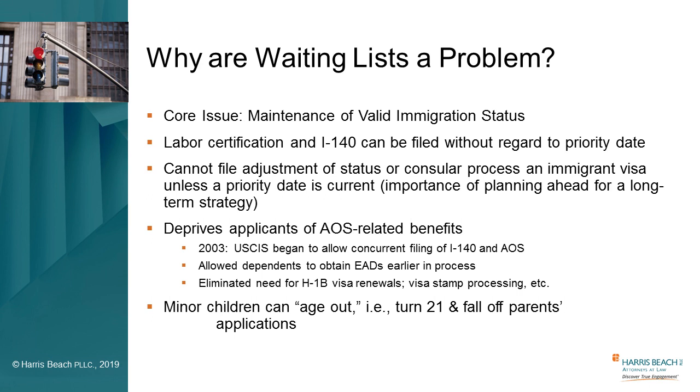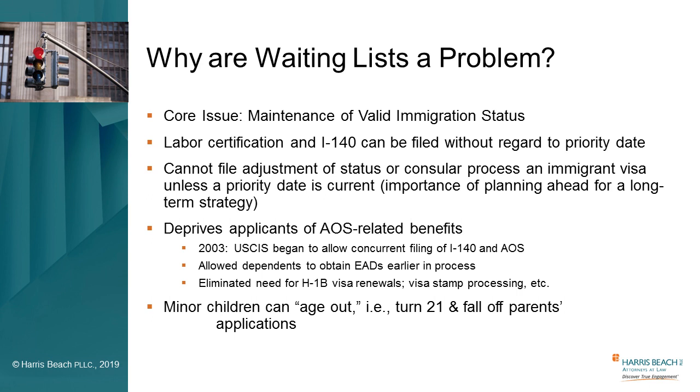Now, aside from the obvious of just being impatient, why are these waiting lists such a problem? Well, the problem is if an employer starts a green card process for an employee and they do a labor certification and an I-140, and then you have an employee from India who's waiting 10 years for their priority date to become current, just having that green card process started doesn't give that employee any ability to remain in the United States or to work here.